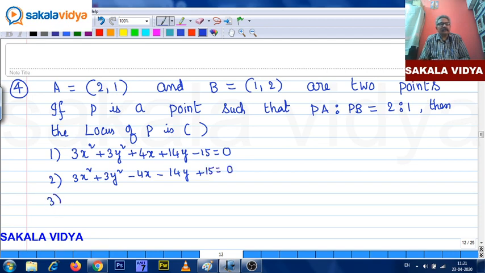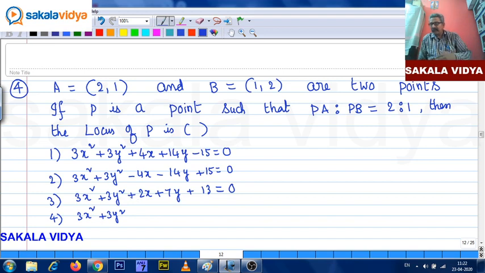Third option: 3x square plus 3y square plus 2x plus 7y plus 13 equals 0. Fourth option: 3x square plus 3y square minus 2x minus 7y plus 13 equals 0.